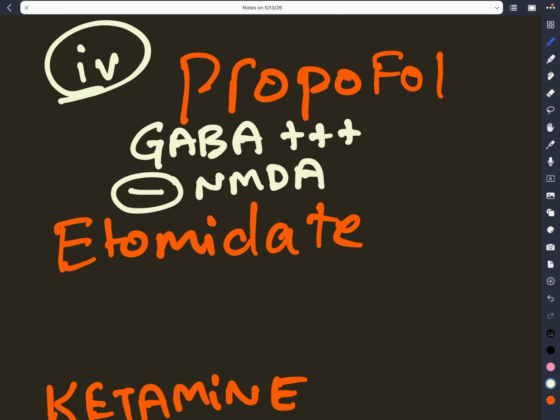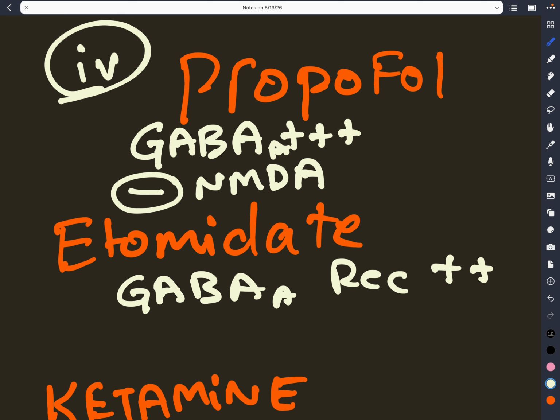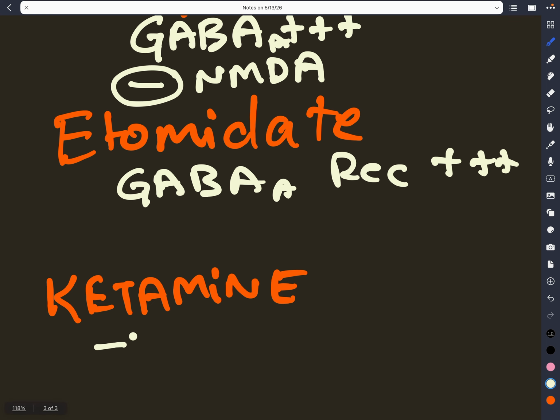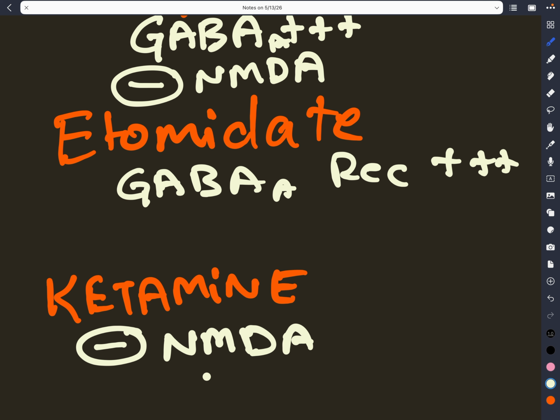Etomidate potentiates the GABA A receptor as well. Ketamine inhibits the NMDA receptor.